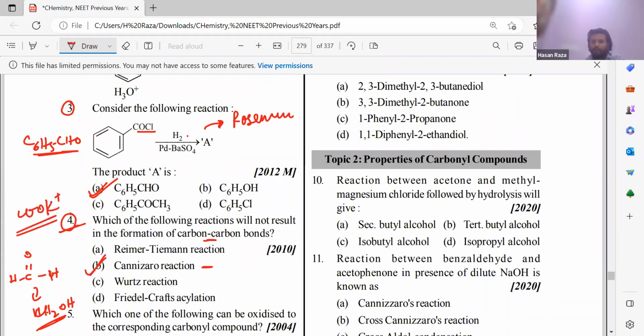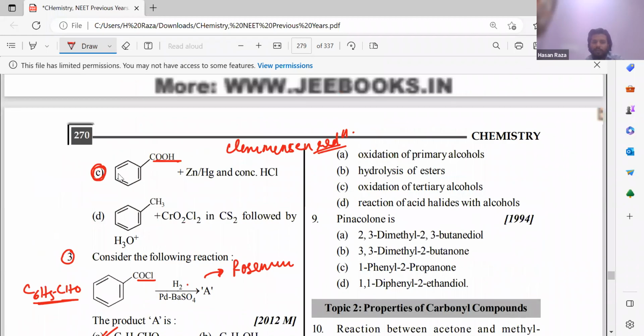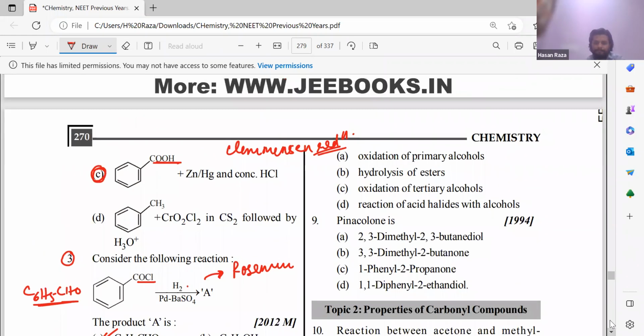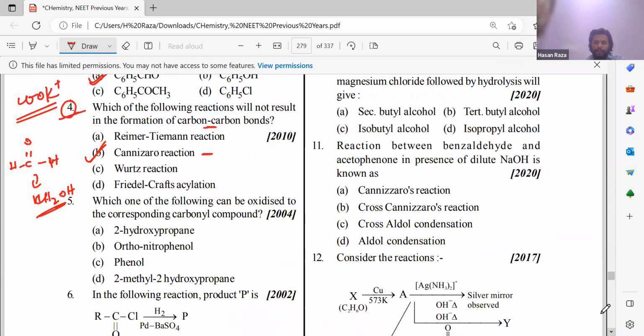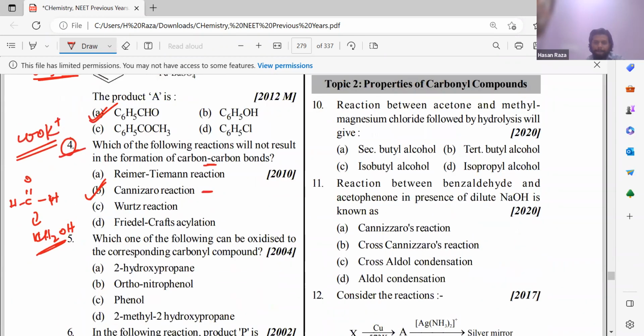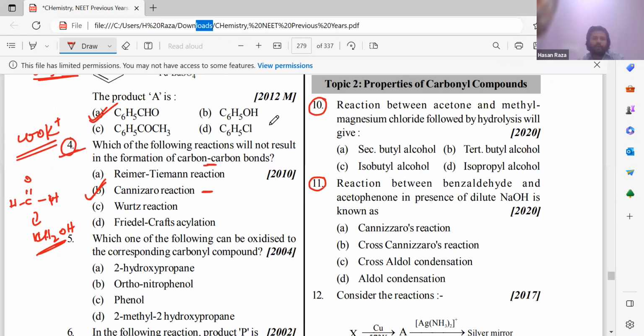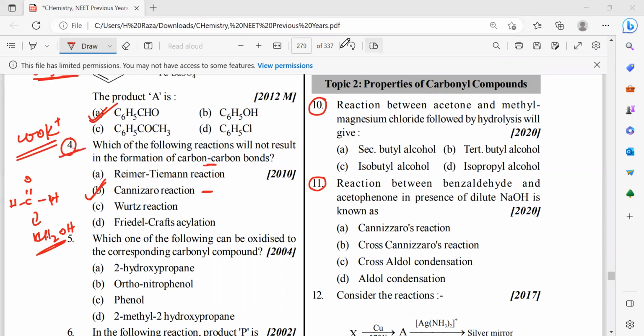Now I'm going to give you some questions on this. Please do question number 10. Please do question number 11. Whoever got the answer, you can either send me the answer in the chat box, or you can directly tell me.